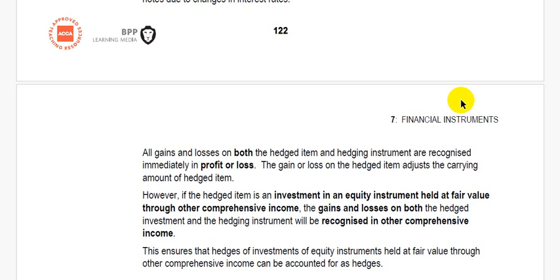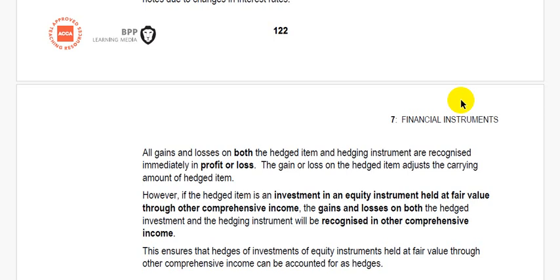You remember we covered this where an election has been made to take fair value changes in equity instrument through other comprehensive income. We said that gains in this case will go to OCI, and since these are a result of an election, they cannot be recycled to profit and loss.